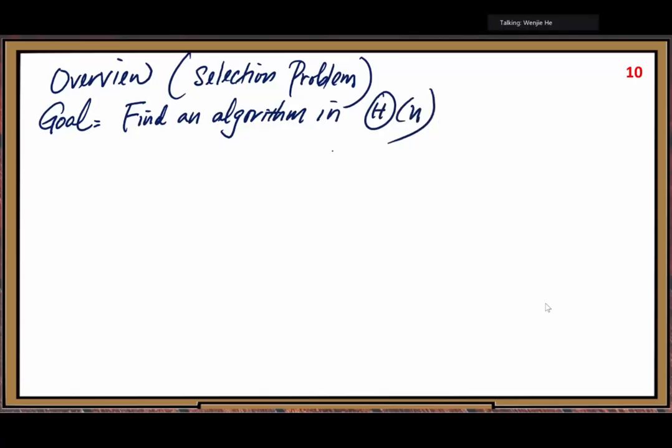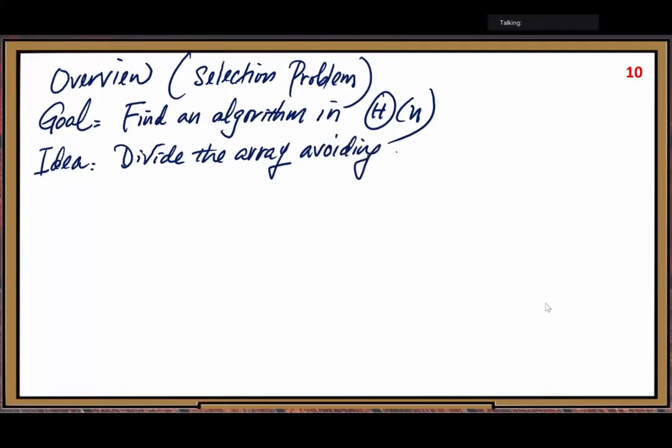The idea: divide the array, avoiding the unbalanced cases.